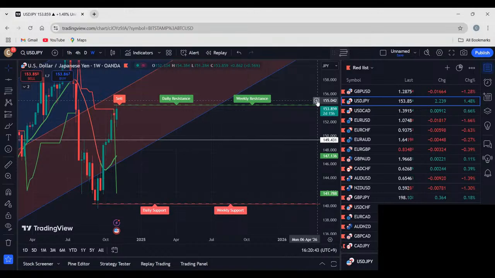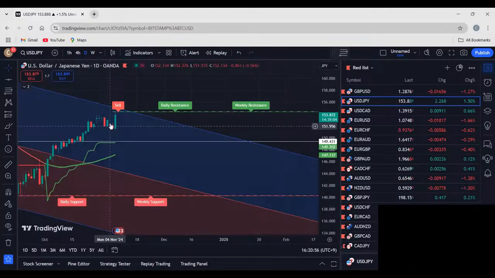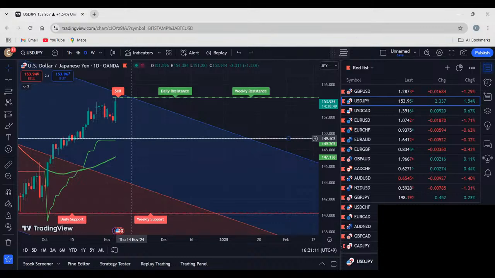You can see that on the weekly time frame and the daily time frame, the daily resistance and the weekly resistance align at the same resistance levels. So this is gonna drop. For USDJPY, you're gonna take your profits here at the top of the supertrend line, or you can use a risk to reward ratio.